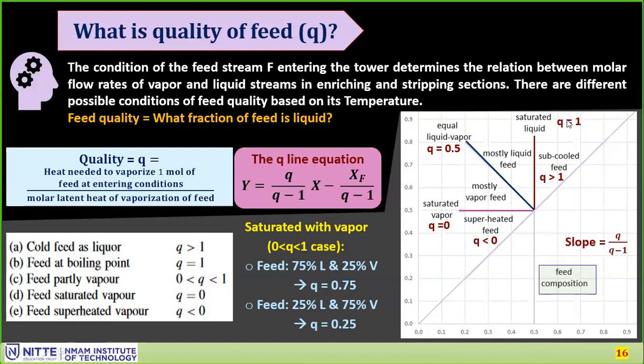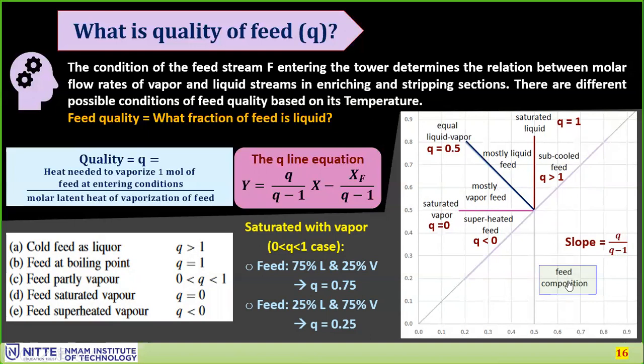Now the slope is q by q minus 1. For example, if q is equal to 1, 1 divided by 0 is infinity, so it is a vertical line. If q is equal to 0, 0 divided by minus 1 is 0, so the slope is 0, a horizontal line. Equivalently, you get different slopes. If liquid and vapor are equal, q is 0.5, this particular line, and somewhere in between for other conditions.